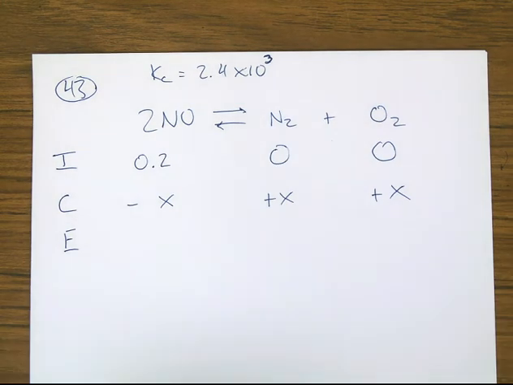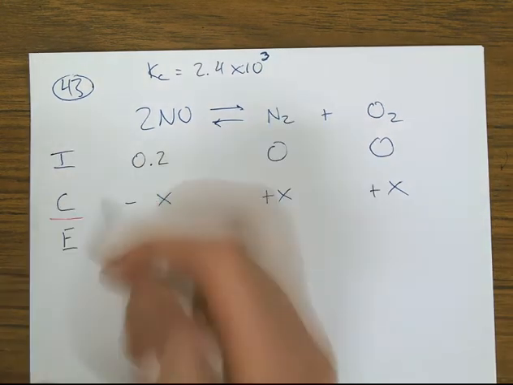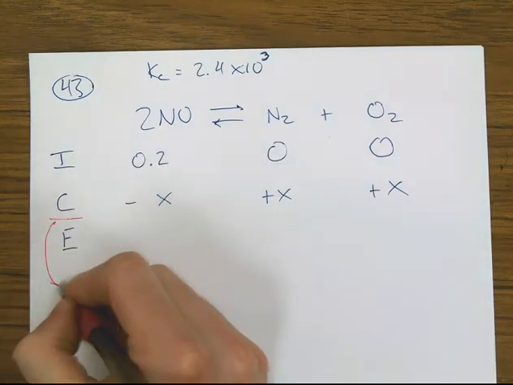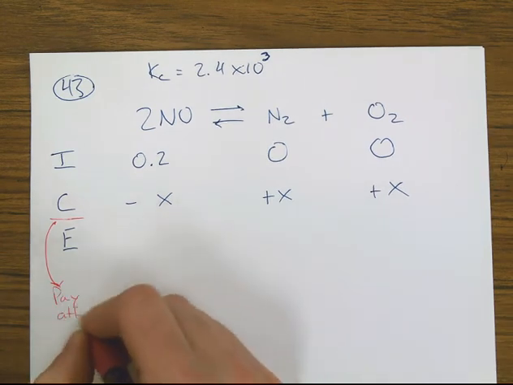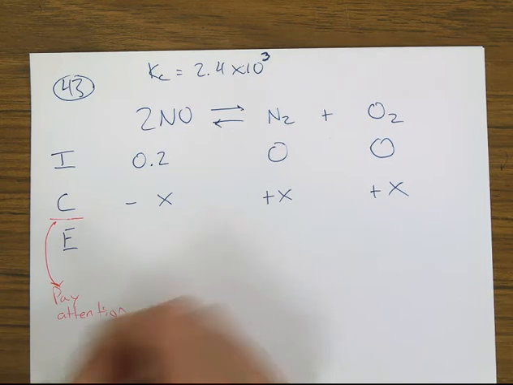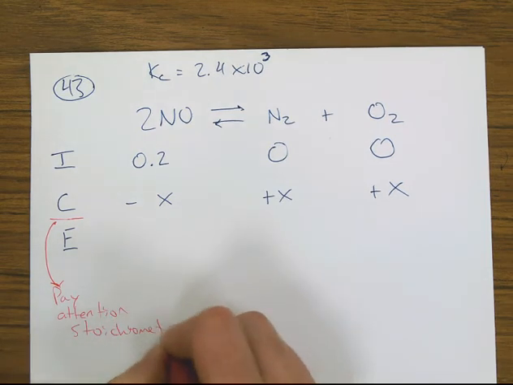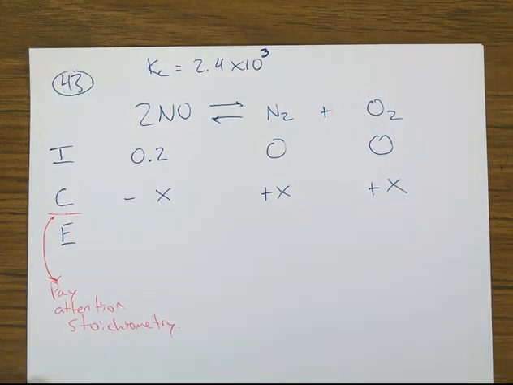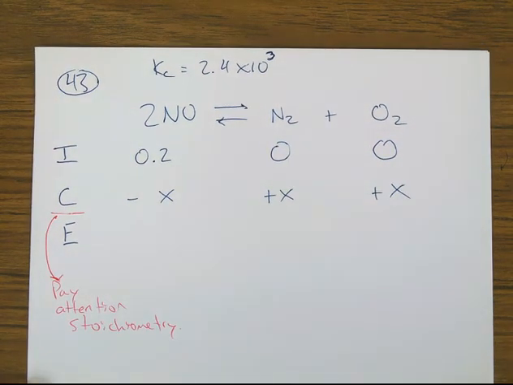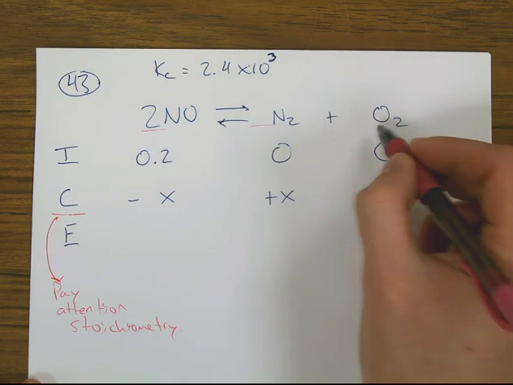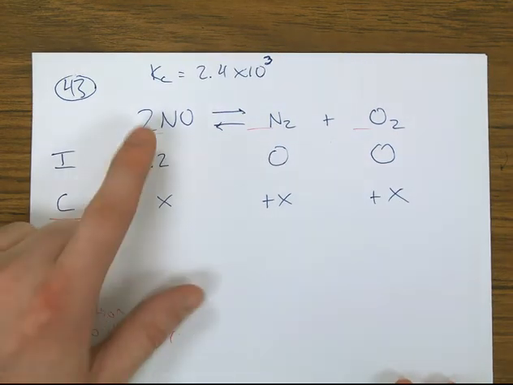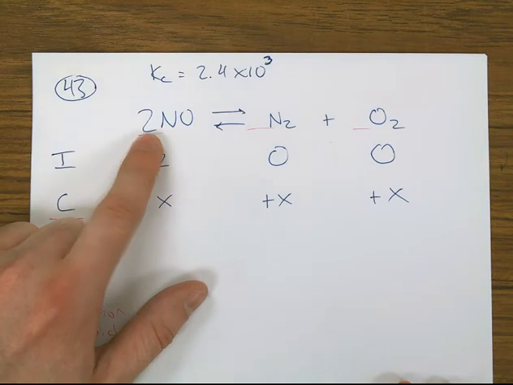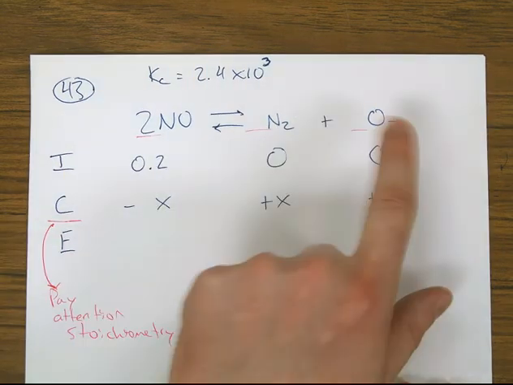But whenever you're doing the change, I'm going to write this as a note. This is terribly important. You always want to pay attention to the stoichiometry. If you don't pay attention to the stoichiometry, you're most likely going to get the problem wrong, especially if you're dealing with coefficients that are different than just 1. So the stoichiometry on this problem is 2 to 1 and 1. So the nitrogen monoxide is going to be consumed 2 of these for every 1 of each of these.